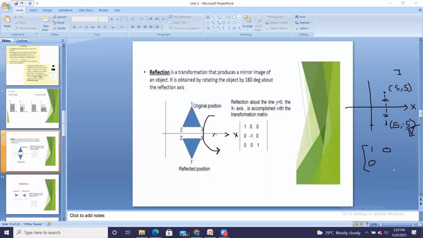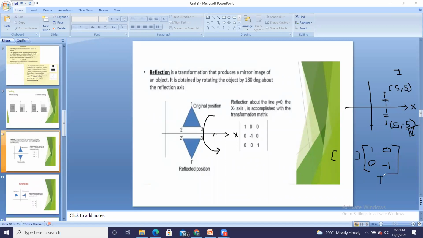What about the scaling factor of y? The sign is changing, the magnitude is the same. So I will have 1, 0, 0 and minus 1 if it is reflected about the x-axis. Let us see whether we are getting the same result with this T matrix.